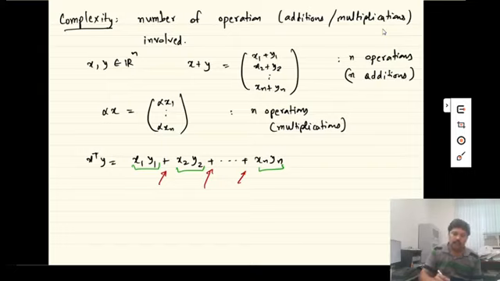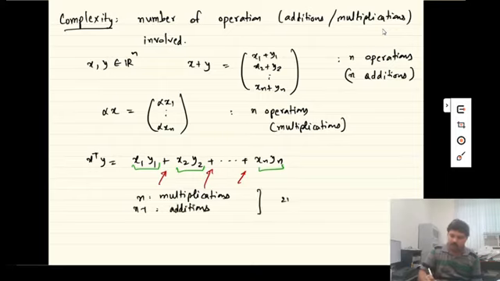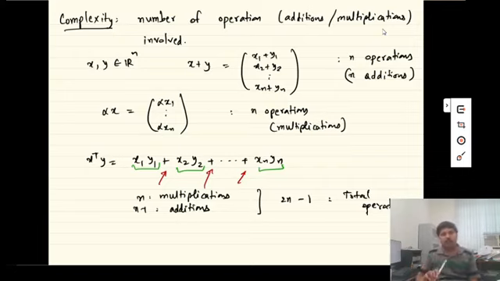So total number of operations is 2n minus 1: n multiplications and n minus 1 additions. So total operations 2n minus 1. This may not seem very significant at this point of time, but as we go further and start doing more complicated operations, we will realize that this really comes into the picture.